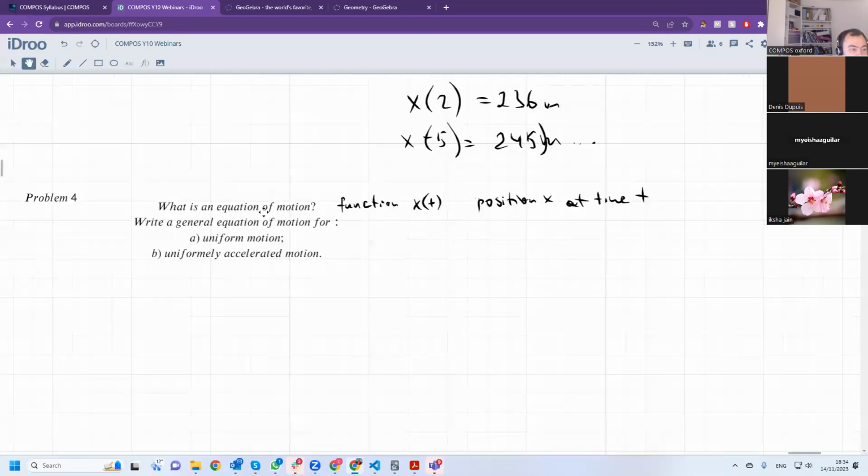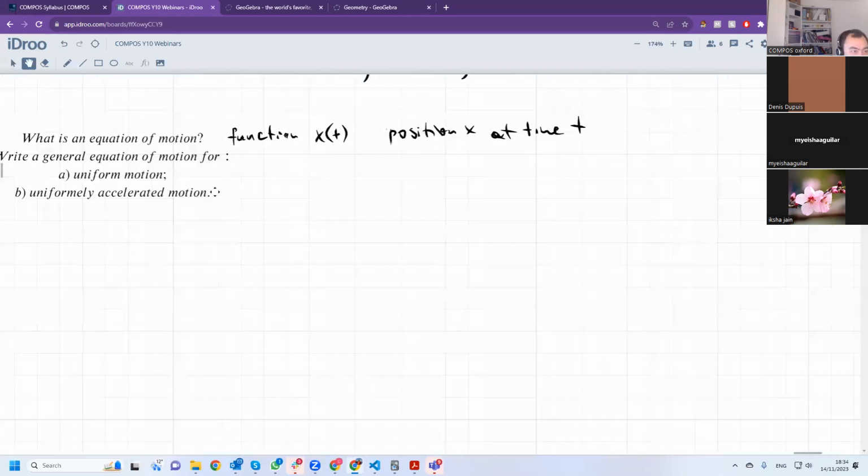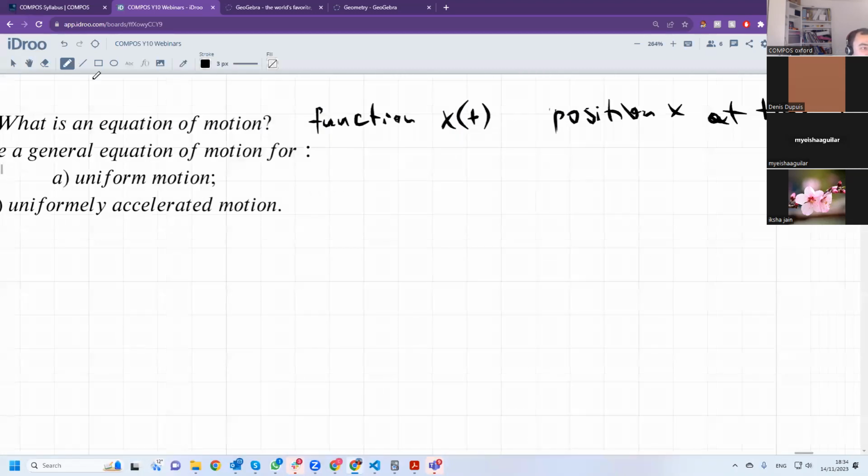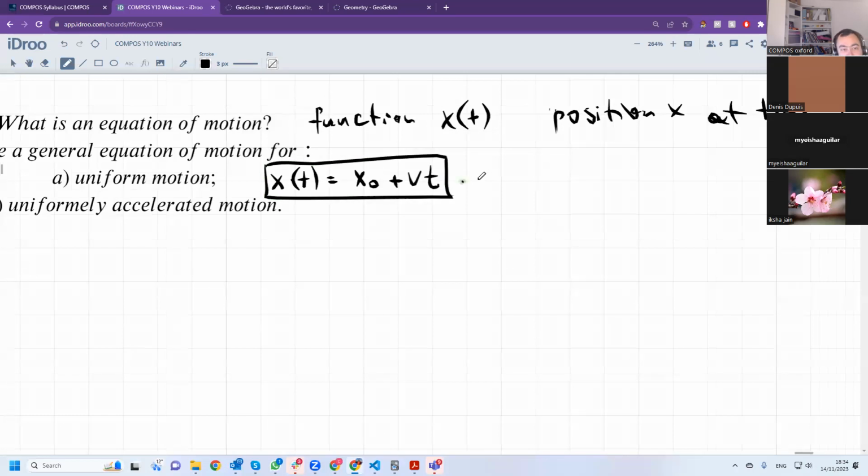So for a uniform motion, that means constant velocity, we already know x of t is equal to x0, the initial position, plus the velocity times time. That is the equation for uniform motion. And that means constant velocity.